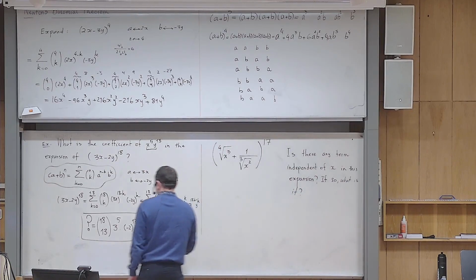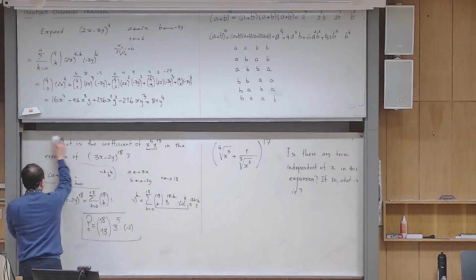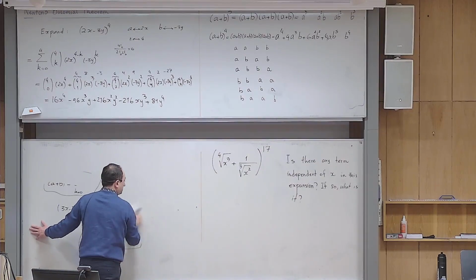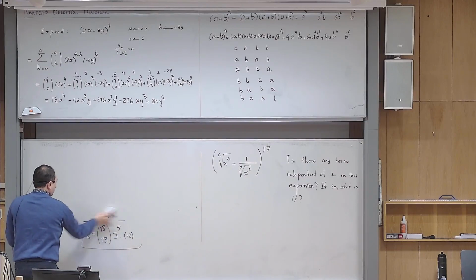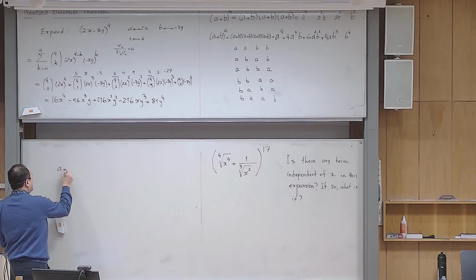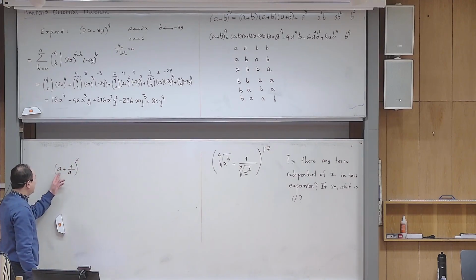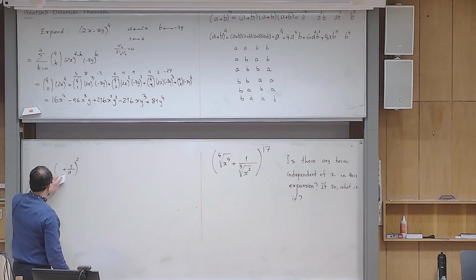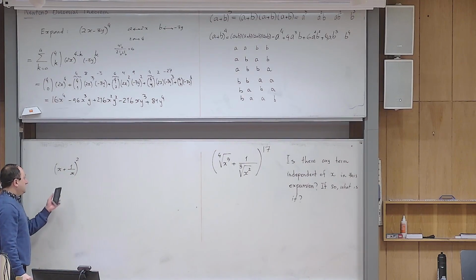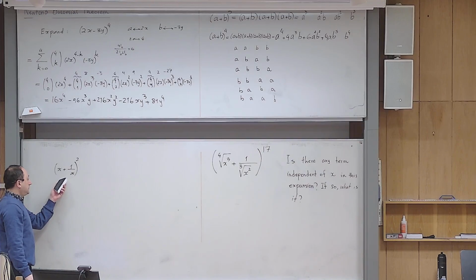So let me tell you what I mean by independent. For example, in Math 1C, I could ask you: is there any term independent of x in this expansion, written with the same letter x?